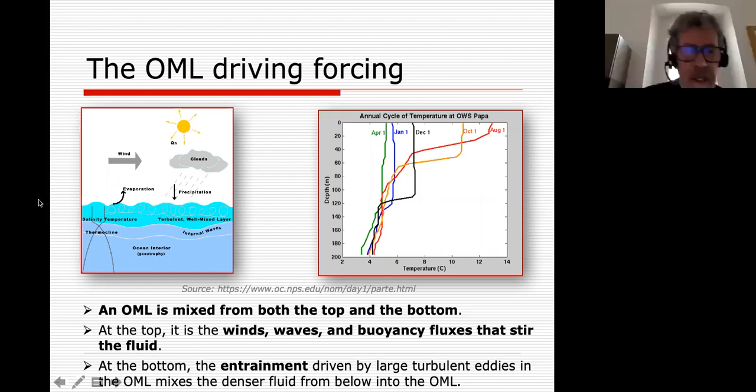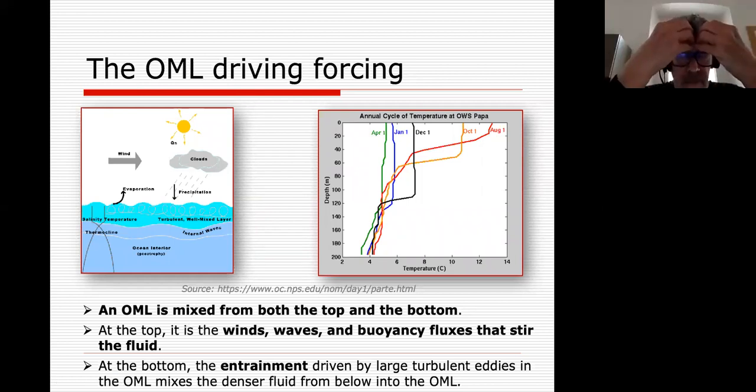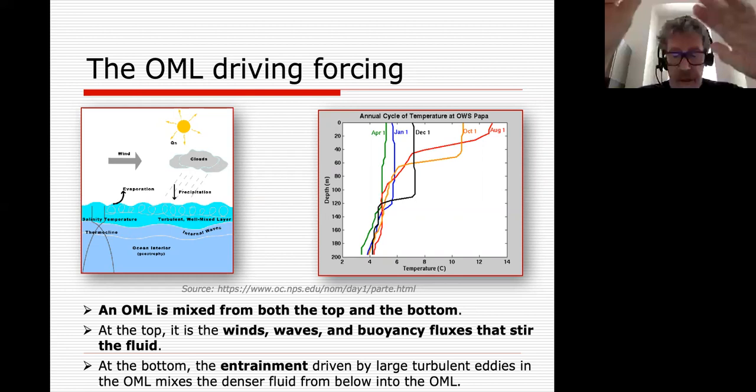But the very characteristic feature is the fact that the ocean mixed layer is very well mixed, and all these forces produce this mixing. Stirring is obtained by the shear due to the wind stress exerted at the surface.